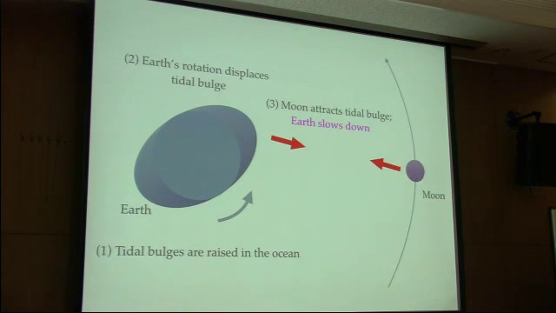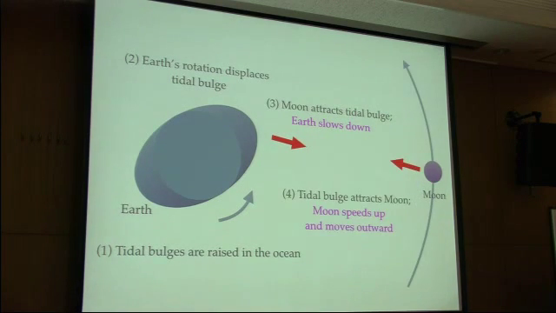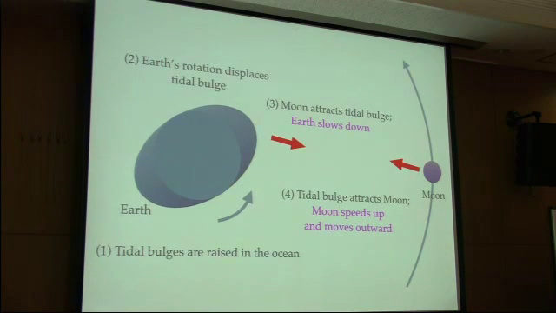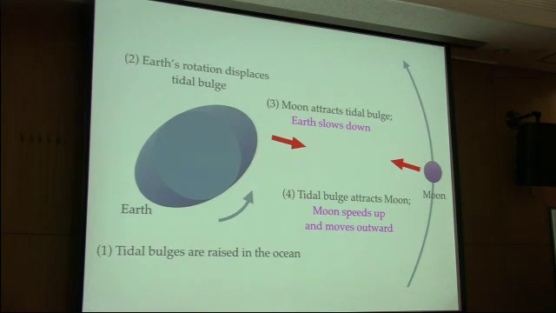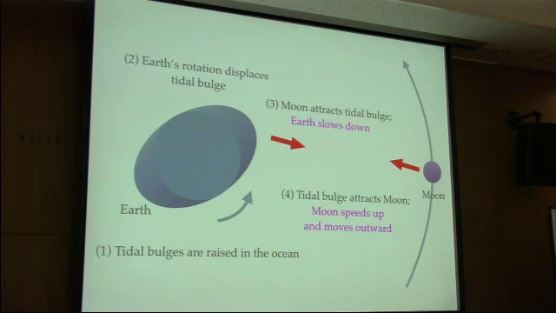So you see this arrow: slow down by losing angular momentum. On the other hand, for the Moon, the tidal bulge of the Earth attracts the Moon. It means the bulge pulls the Moon forward. So the Moon speeds up by gaining angular momentum from the Earth, then moves outward because of Kepler's third law. Gaining angular momentum, the Moon speeds up and moves outward.